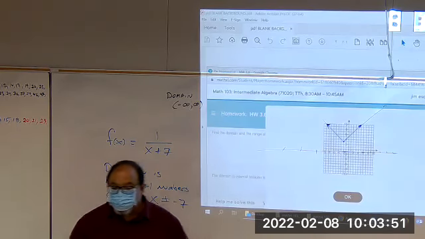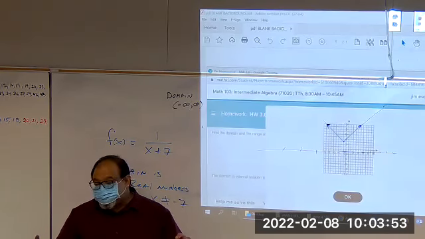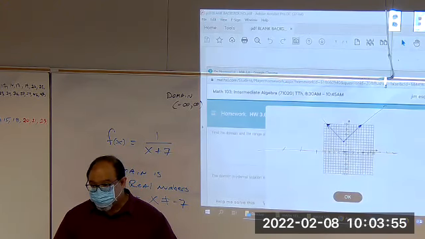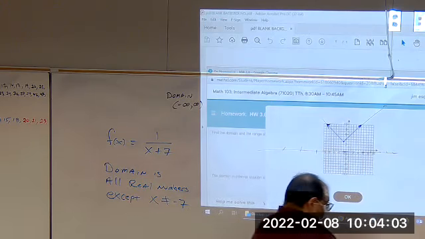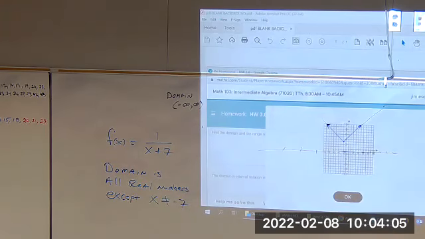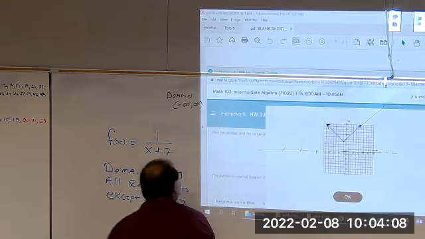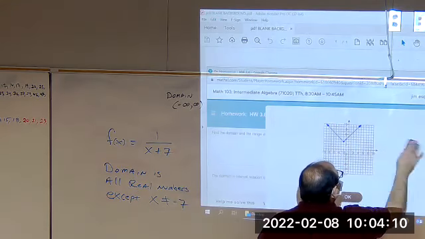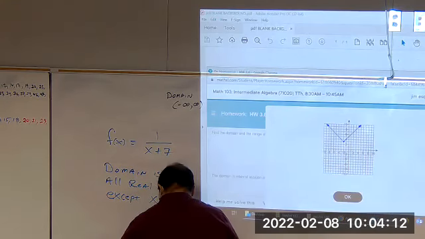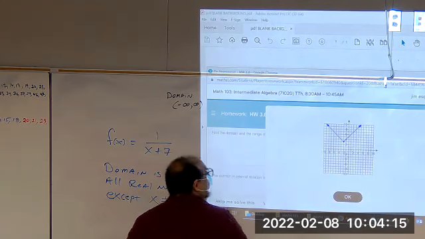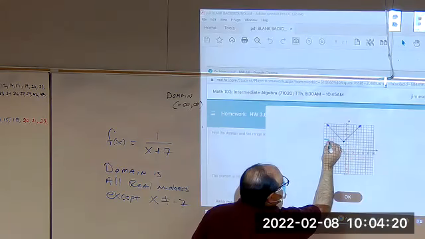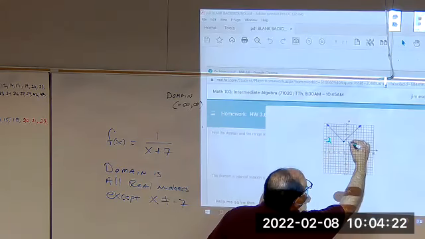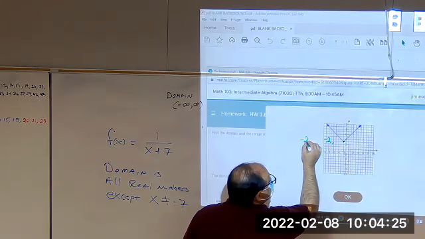But now the range. The best way to see the range sometimes is the picture. The range is your y's. So look at this picture. This point right here, x is -2, y is up here at +3. -2, +3.